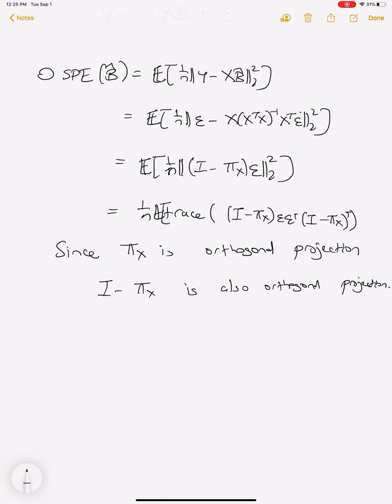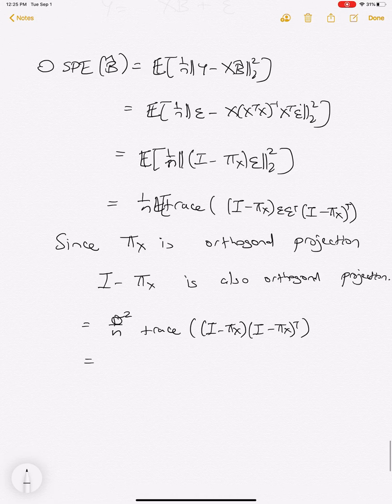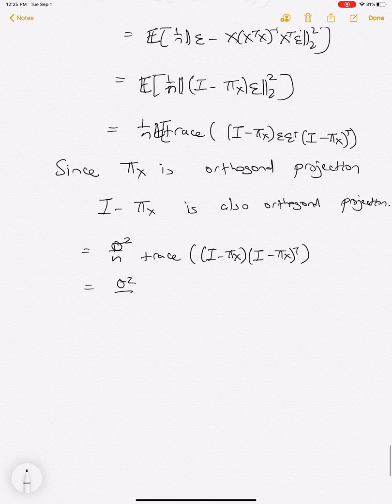So what we end up with here is, again, something where the calculations end up being pretty nice. We're going to get a sigma squared over n once we take the expectation inside, times the trace.